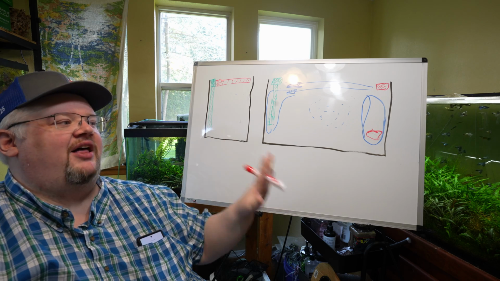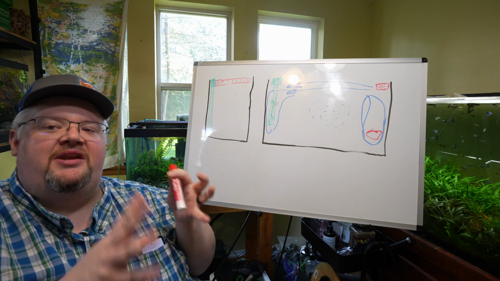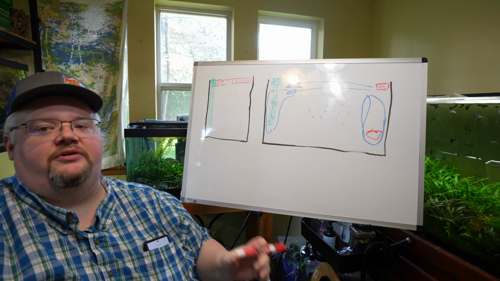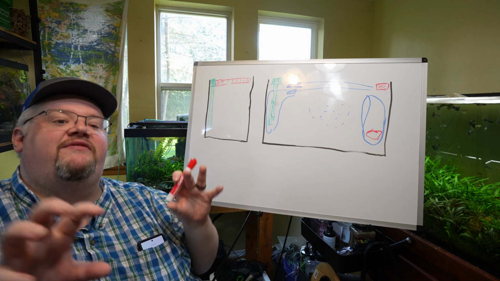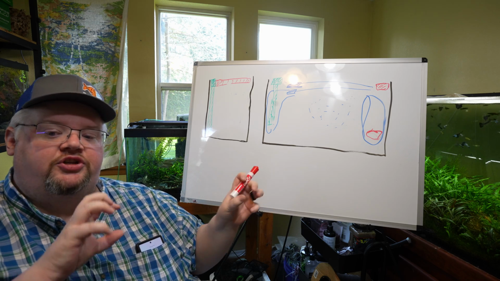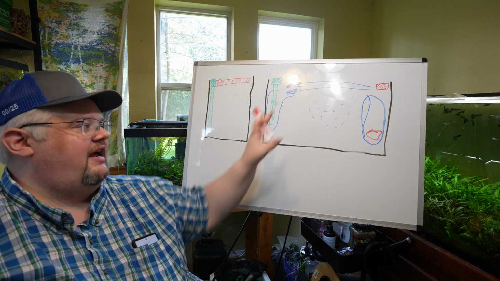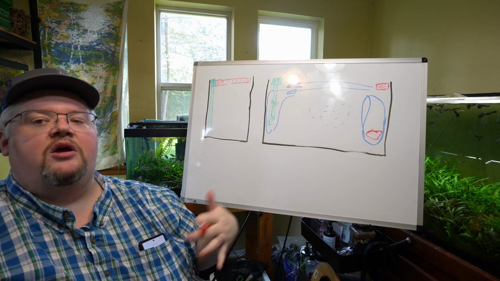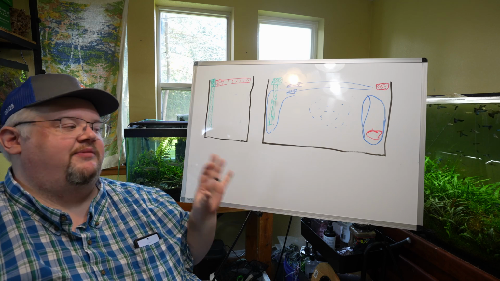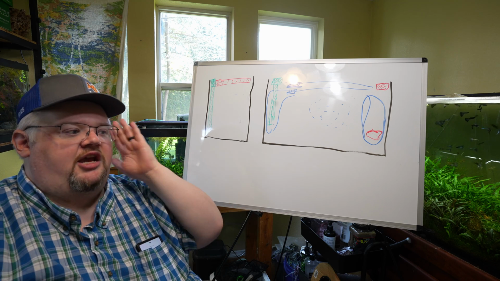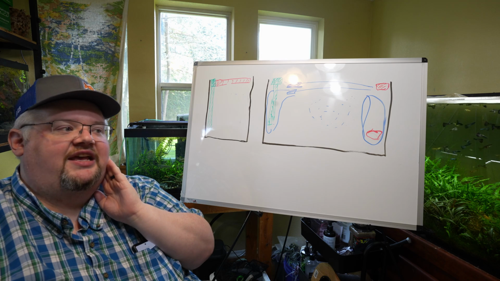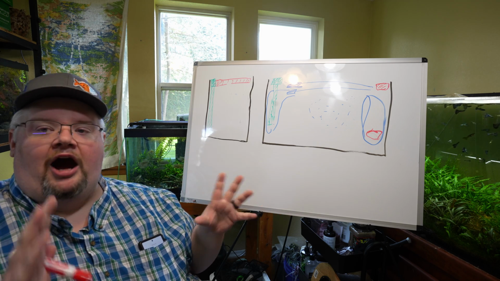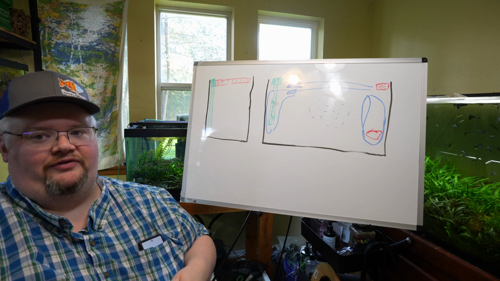So just apply these basics and understand that there's ways to manipulate these things, and this canister filter mentality gives you the most diversity in how you can adjust the flow within your tank and how water moves throughout the water column from the outlet to the inlet within your system. That's the big benefit when it comes to thinking about filter placement in a canister filter: you have much more dynamic options.